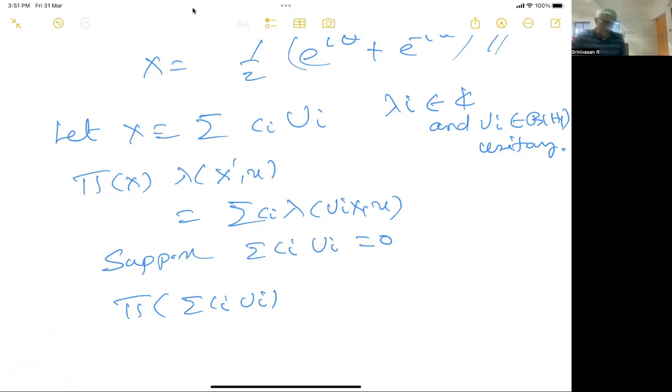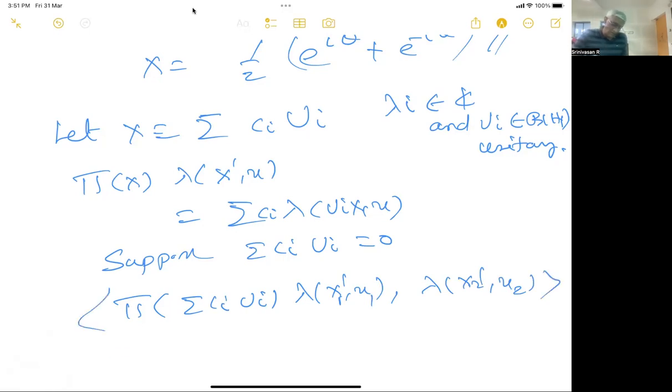To prove that this vector is 0, we take the inner product with the total set of vectors. The summation C_i, lambda of x1 prime u1, with lambda of x2 prime u2.